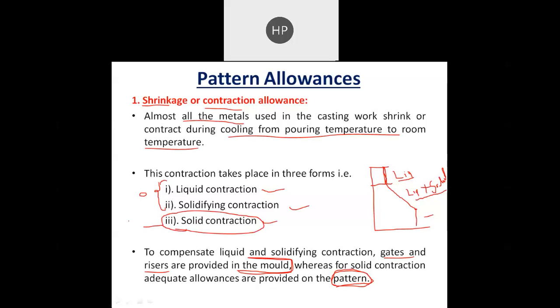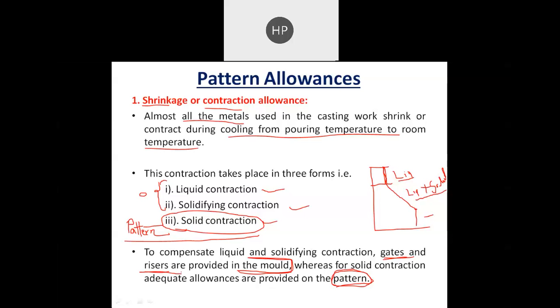That is why we make the pattern slightly larger than the original size, to compensate solid contraction, while liquid and solidifying contraction will be compensated by gates and risers. How it will be compensated, we'll see when we discuss the design of gates and risers in an upcoming lecture.